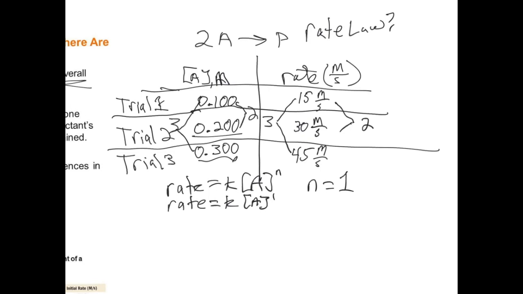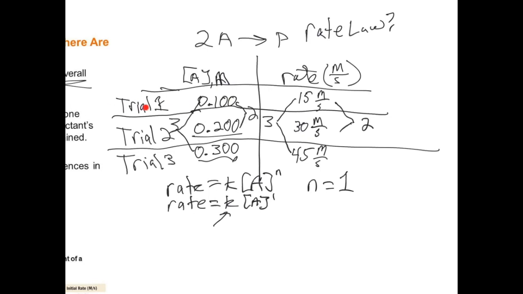I can now determine the value for k. All I have to do is select just one of the trials, plug in the numbers, and solve for k.